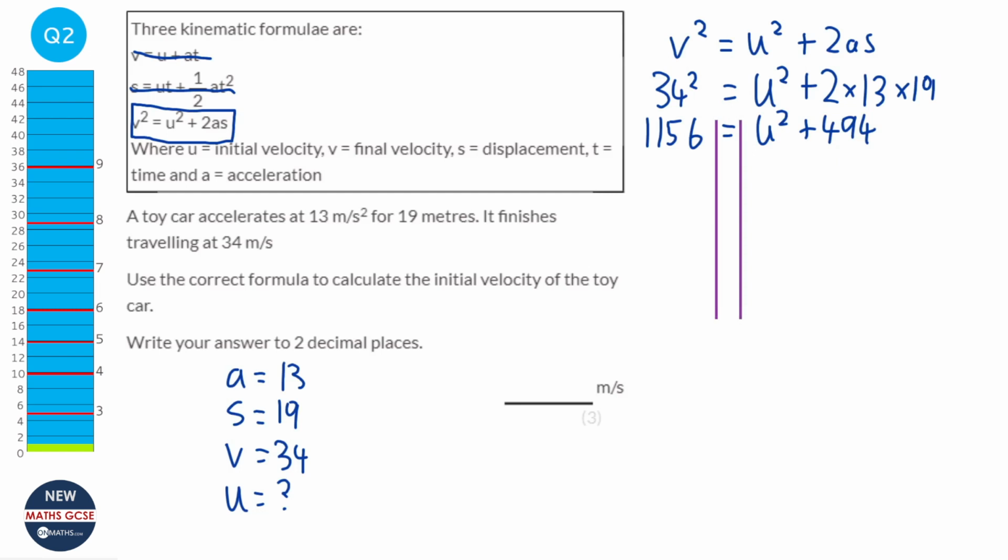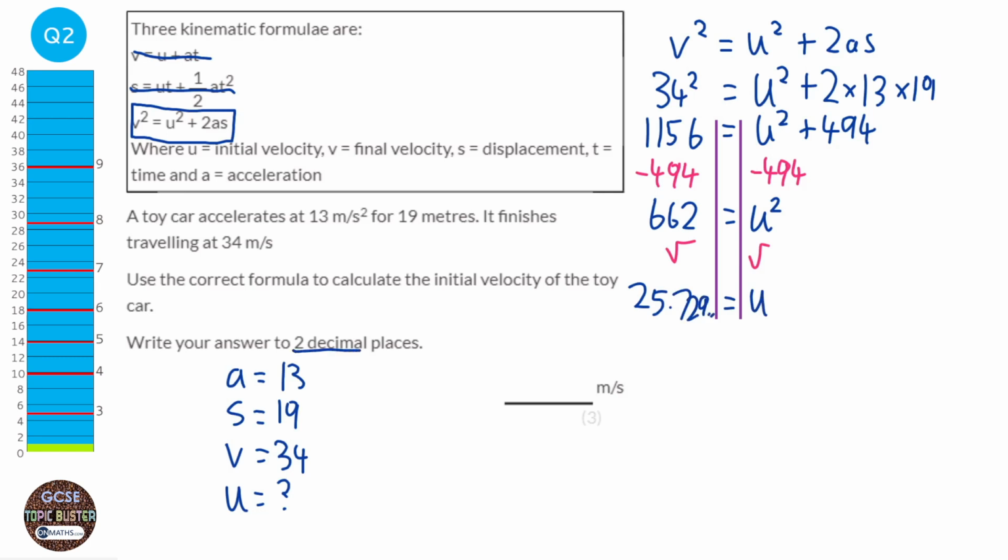So the first thing I'm going to do is subtract 494 from both sides. And so we're left with 662 equals u squared. Then we're just going to square root both sides. And so the square root of that is going to be 25.729 blah blah blah. And it says it wants it to 2 decimal places, so it's going to be 25.73.